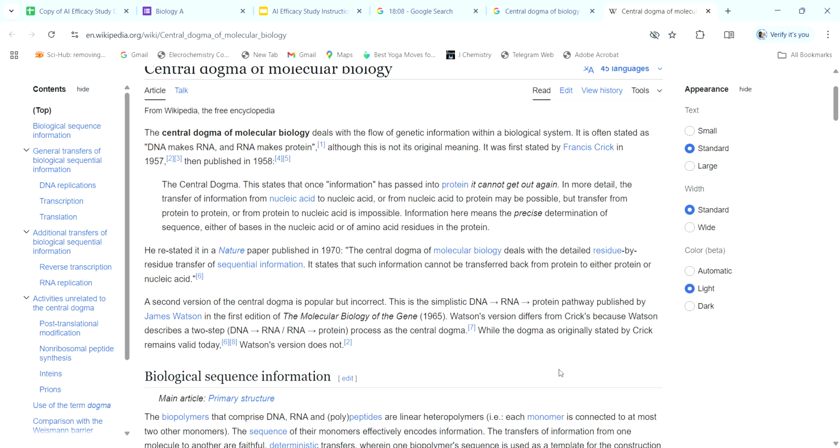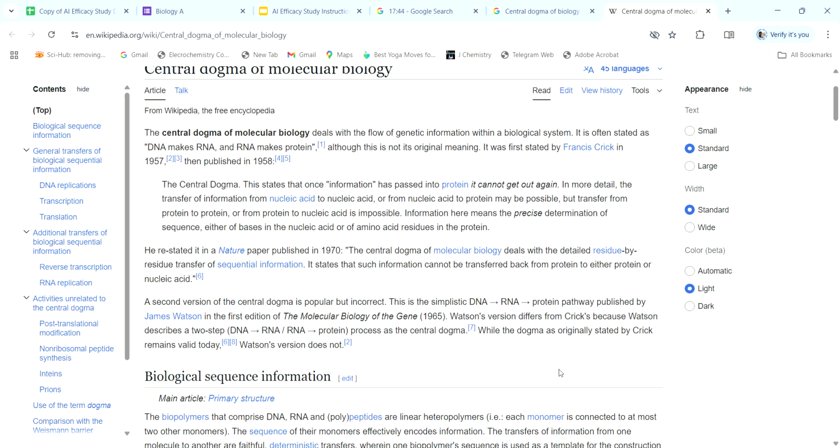In more detail, the transfer of information from nucleic acid to nucleic acid or from nucleic acid to protein may be possible, but transfer from protein to protein or from protein to nucleic acid is impossible. Information here means the precise determination of sequence, either of bases in the nucleic acid or of amino acid residues in the protein.